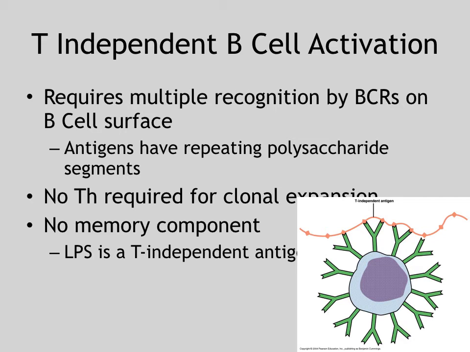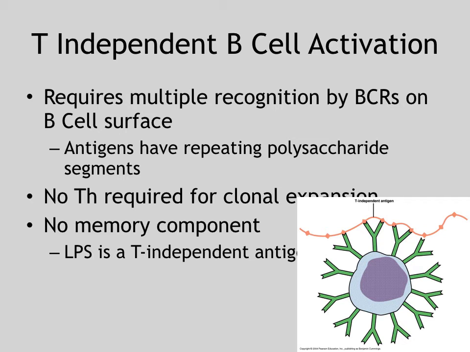In this case, the B cell kind of gets overwhelmed by this antigen and automatically goes into antibody production. Now, you might think this is a problem because it would induce an autoimmune response, but because there are no co-stimulatory molecules involved in this, the B cell has not phagocytized it, the B cell has not produced any co-stimulatory molecules.